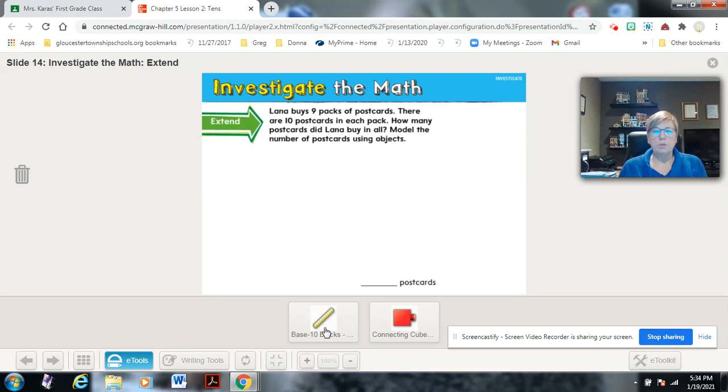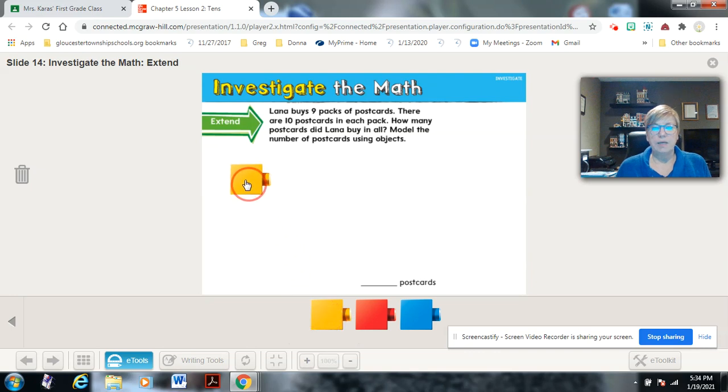So today I'm going to show you, we could actually do this with either one of these. So first I'm going to show you one way to do it with a connecting cube. And I'm going to make believe that in each box that the connecting cube looks like, it has 10 postcards in it. But we have 9 packs.